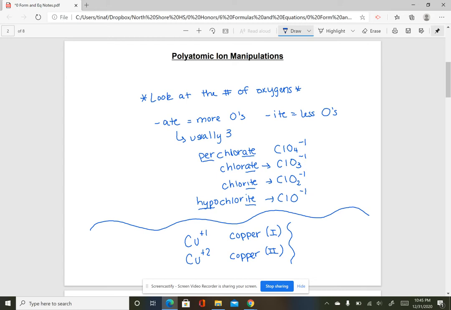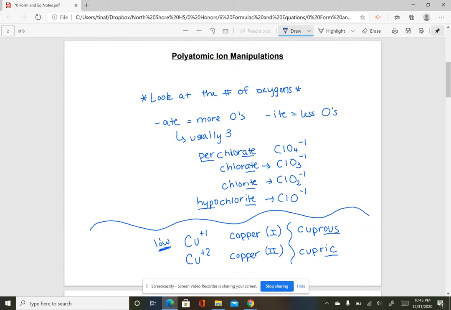So for copper, the reason why the symbol is Cu is because it comes from the Latin name cuprum: cuprous if it's +1, or cupric if it's +2. And the ending is either "ous," OUS, or "ic," IC. A way to help you remember this, and this always works for any metal ions that have multiple charges: copper can be +1 or +2, and +1 is the lower oxidation state.